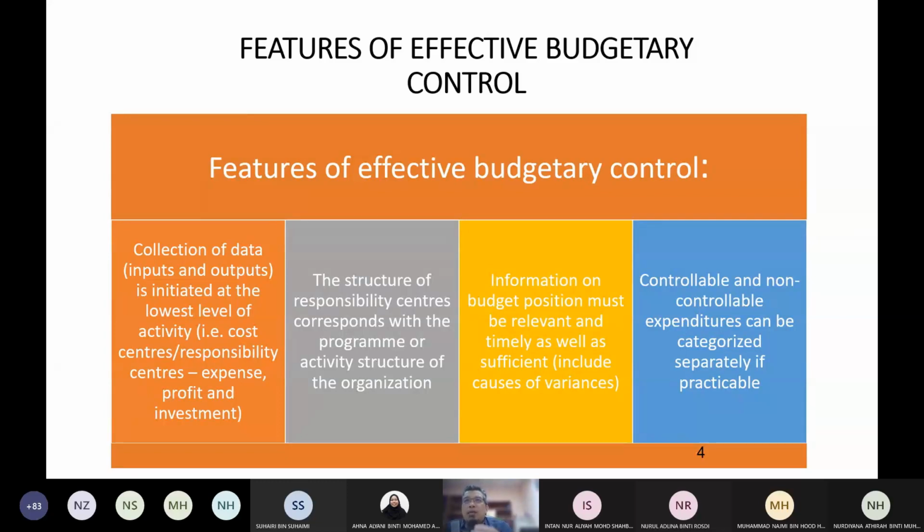So to be able to tell this, definitely performance information must be collected at the lower level, okay, in other words, at the implementation agencies. Enough information, because sometimes performance information, the non-qualitative or non-quantitative information, sometimes is not part of the double entry system, okay, where you have all this payment.